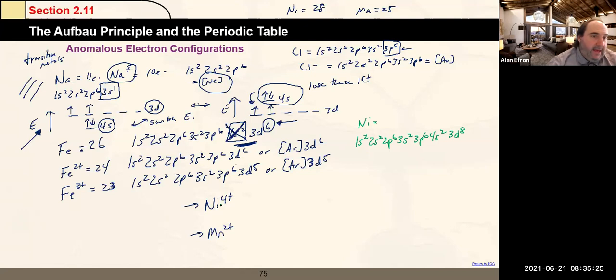Now, when it has a +4 charge, remember that the plus means that it has lost electrons, basically 4 electrons from the neutral atom. So instead of having 28 electrons, it will only have 24 electrons in this case.